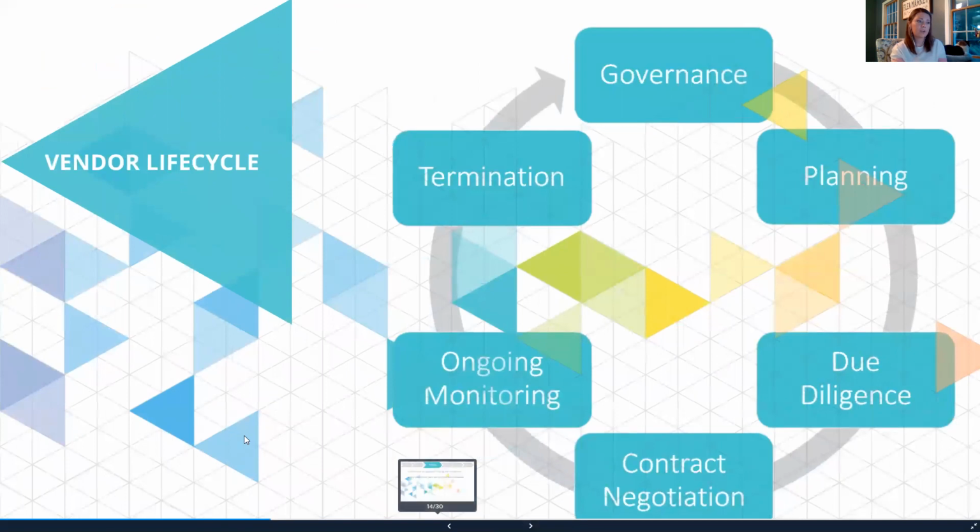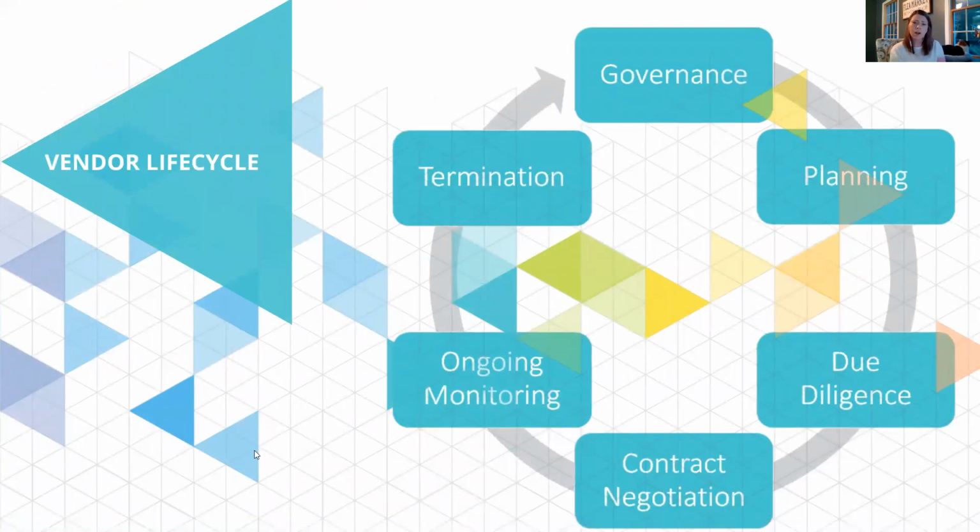So the vendor lifecycle, I have it highlighted here on the screen. When I initially got into doing third-party risk management, which was several years ago, probably around 2018, one of the things that was highly frustrating to me was I needed to establish a program, but I couldn't find really good information on it.